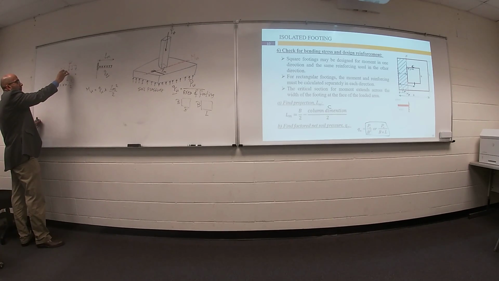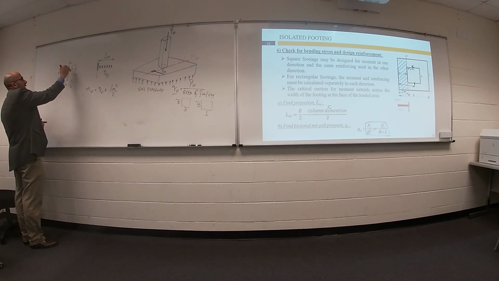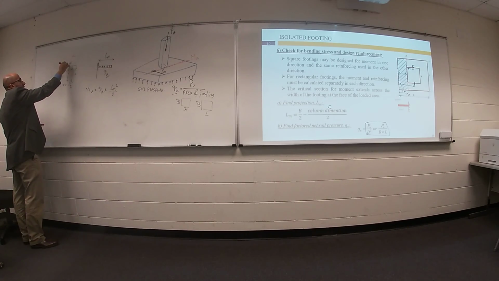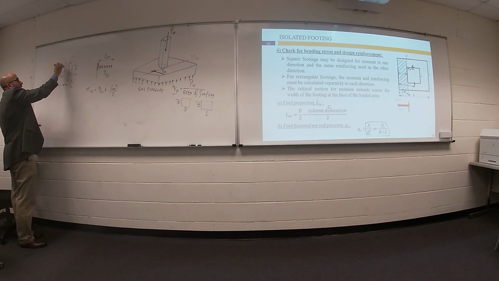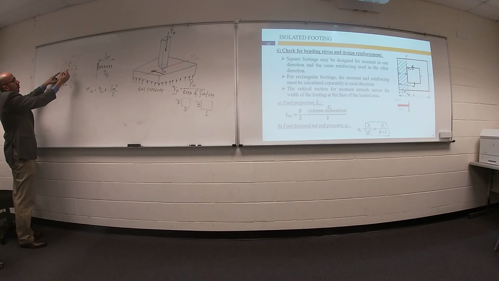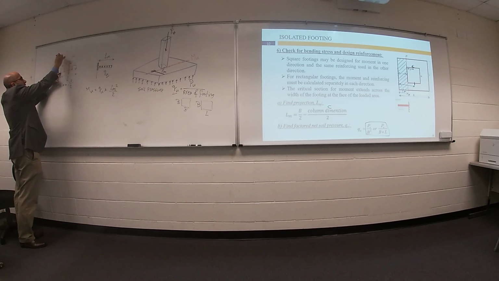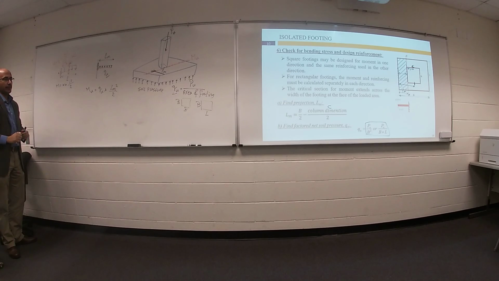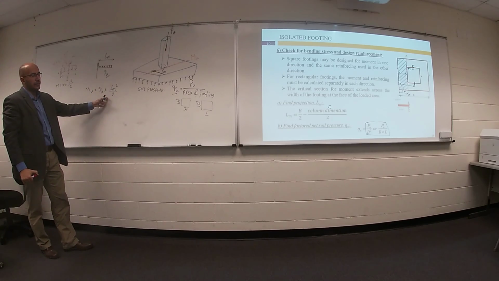And if you would like to know how can I get this equation, that's right. Anybody know what is the equivalent load for this distributed? W times L. What this distance is? L divide 2. If you are taking a moment here, we have force times distance. We have WL times your distance L divide 2, your bending moment will be WL square divide 2.